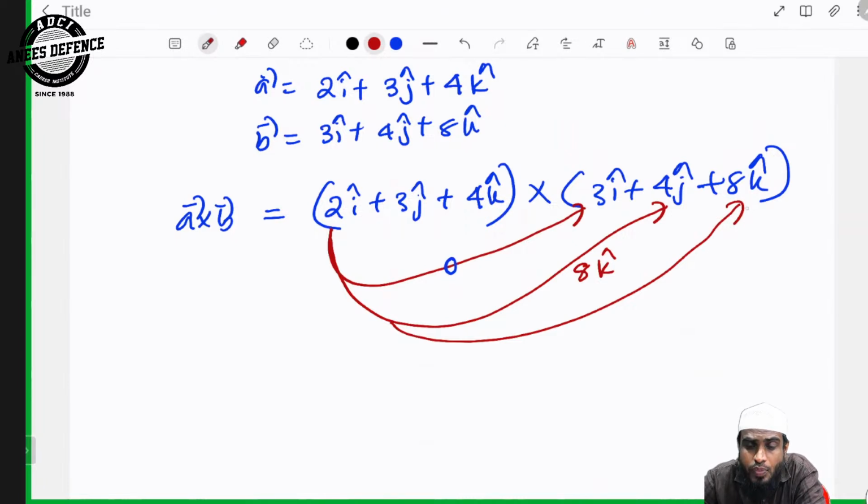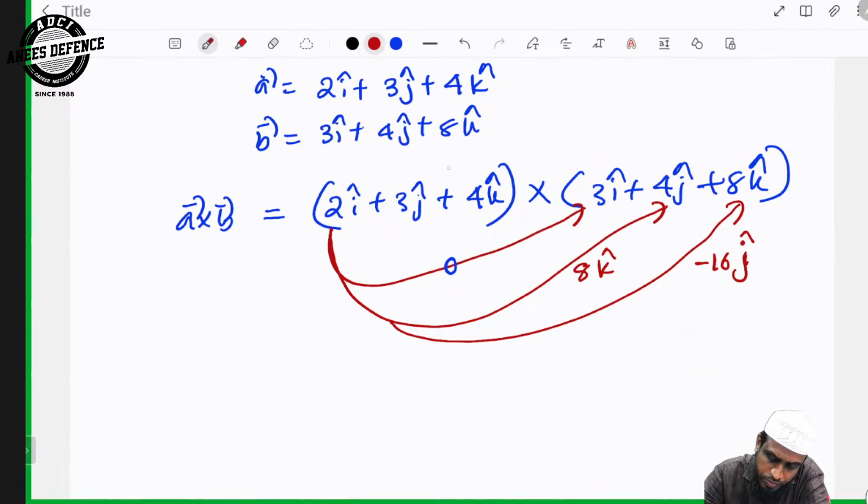The order is k, after k you should get I. So 2 into 8, 16, so minus 16, I cross k. K cross I is positive j, so I cross k is minus j.